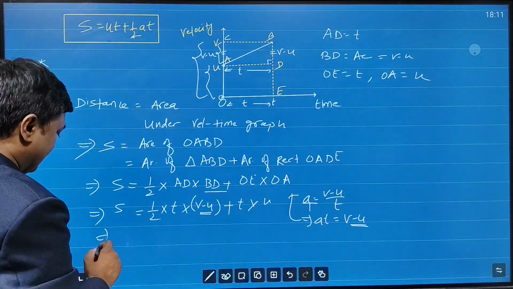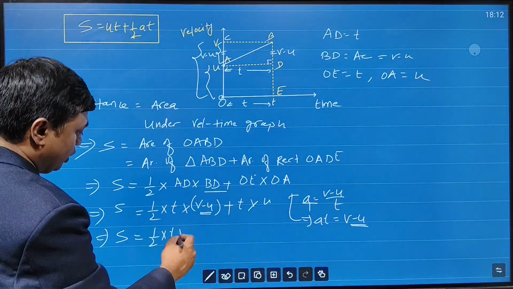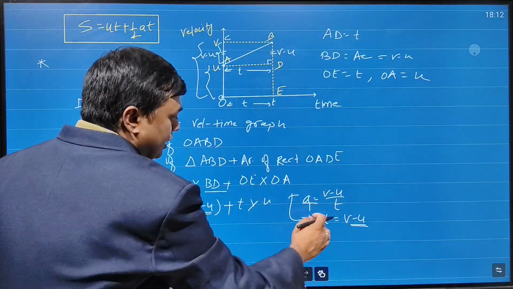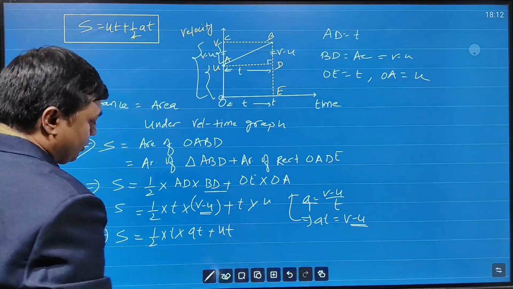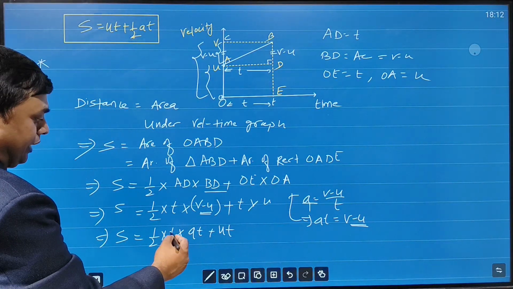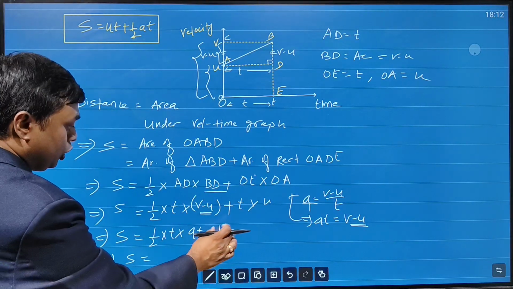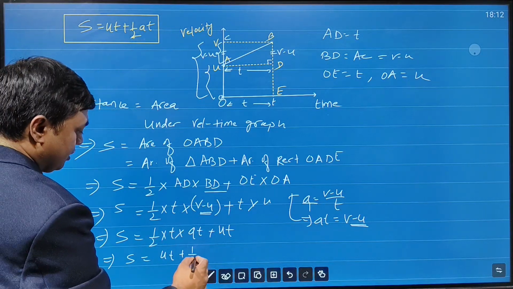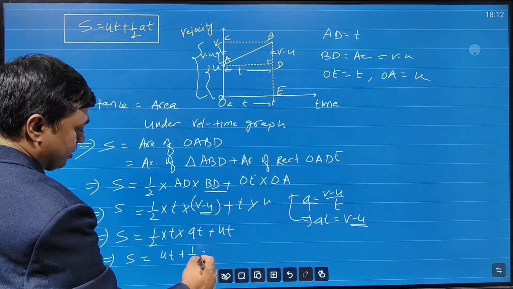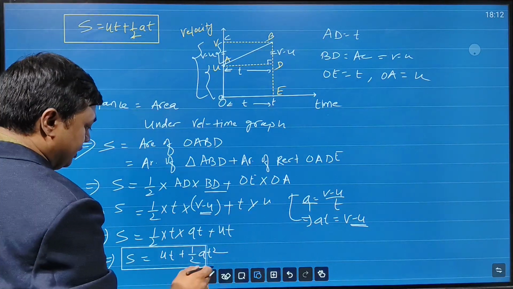So we can write distance is equal to half into t into at, plus ut. Or at into t becomes at square. So we can write distance is equal to ut plus half at square. This is the second derivation.